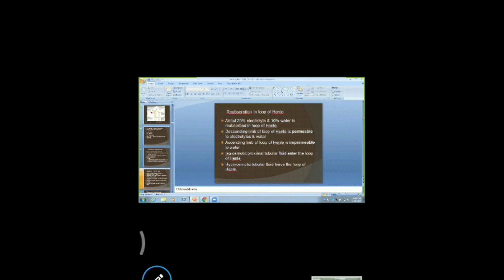Is it clear? And hypoosmotic tubular fluid leaves the loop of Henle. Is it clear? Because more electrolyte is reabsorbed, hypoosmotic tubular fluid leaves the loop of Henle. Okay. Reabsorption in distal tubule.